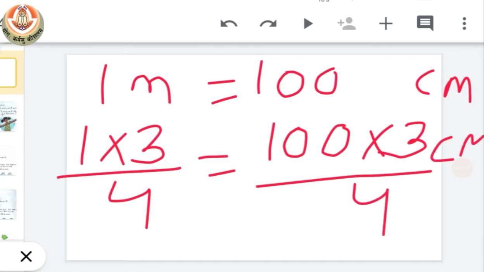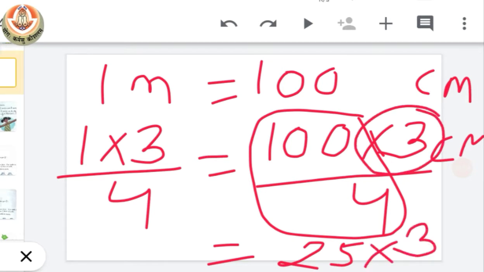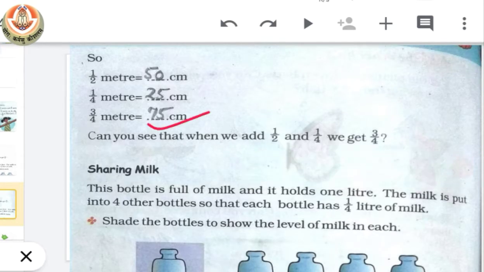Okay, so after solving it, we all know that when we divide 100 by 4, we will have 25, and then we have 3 in multiplication. And when we multiply 3 with 25, we will have the answer 75 centimeters. So our answer will be 3 by 4th of a meter equals 75 centimeters.